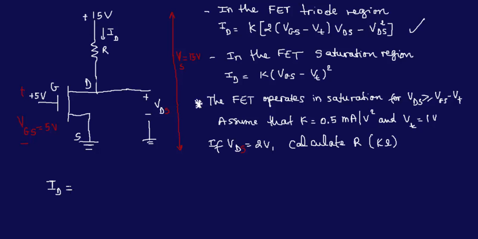So ID is K, would be 0.5. In this case, where I have a lot of different values, I typically put the units just so I don't get things mixed up. So I have V squared here. Okay, this is A. And I have 2 here.